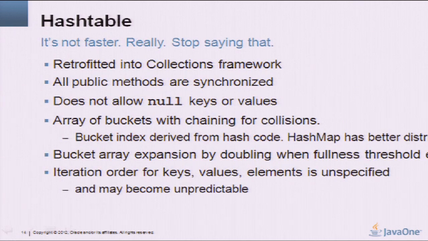Okay, so if you started with Java in the earlier days, the map type that you used was called Hashtable, and it actually predates the collection framework and was retrofitted into it. Some people still believe that Hashtable is faster, and generally they provide a benchmark that proves it. Most often these benchmarks turn out to be one of the two instances that they're comparing rehashing one more time than the other one.